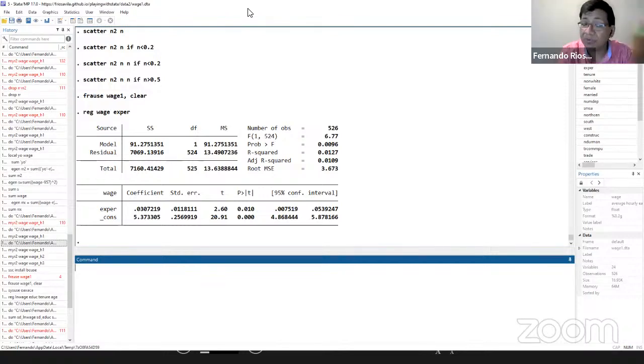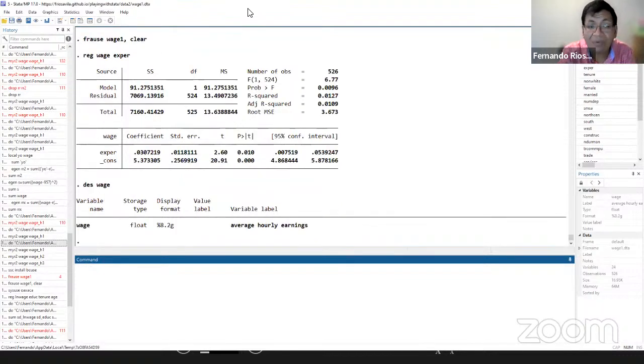We can add education, but for now we're going to assume that the only thing that determines wages is experience. So in this simple model, we are saying that each additional year of experience adds about 3 cents per hour to your wages. Wages is average hourly earnings. So for each additional year of experience, your wages are going to increase by about 3 cents per hour.